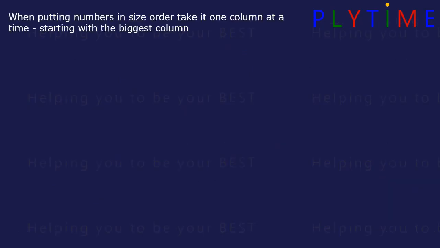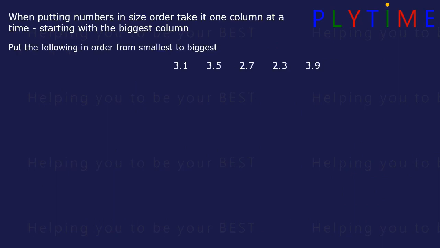When putting numbers in size order, take it one column at a time, starting with the biggest column. So for example, we want to put the following in order from smallest to biggest: 3.1, 3.5, 2.7, 2.3 and 3.9.